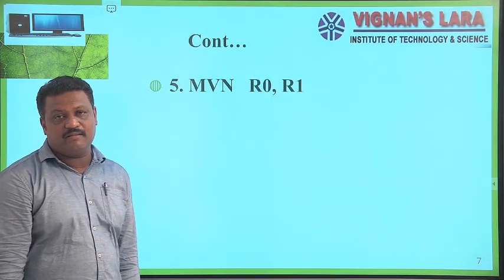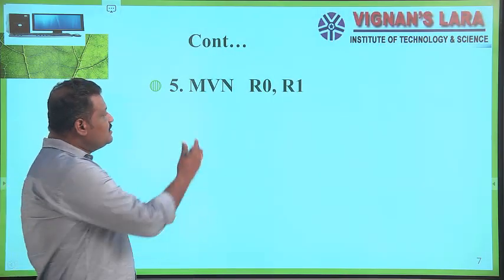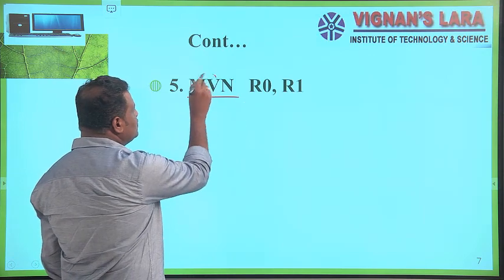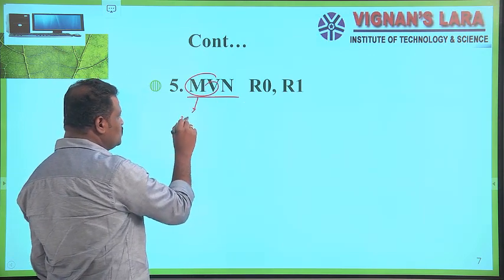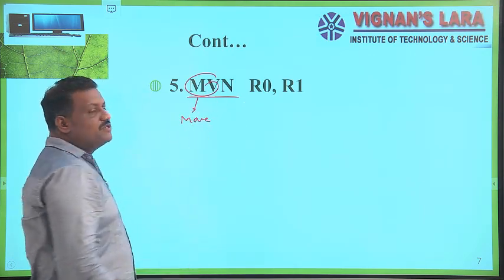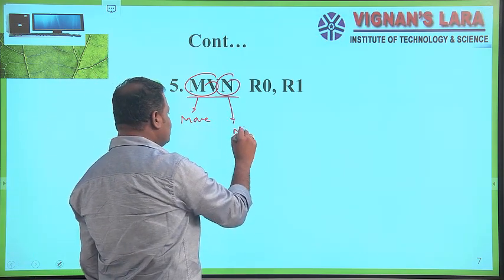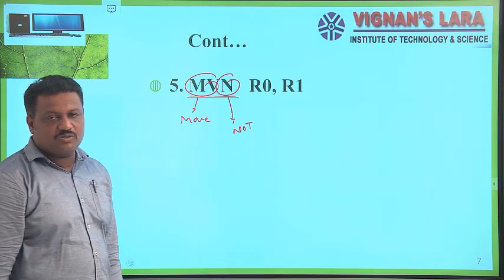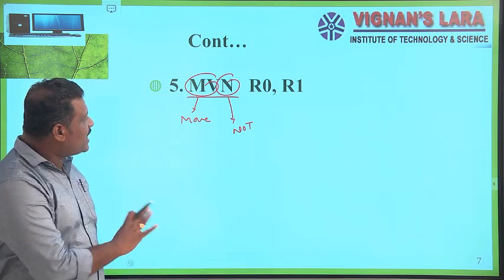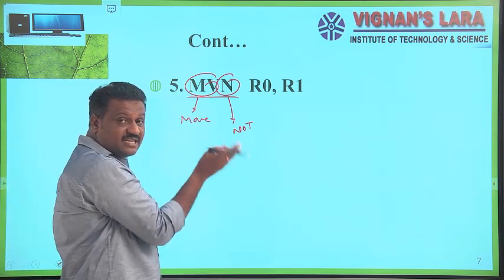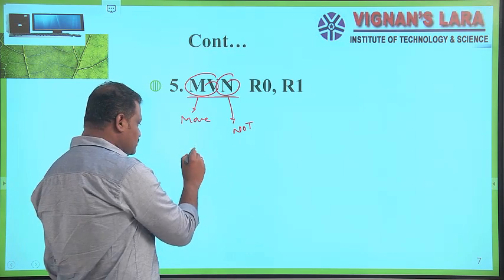Next, the next instruction is MVN. Again, this MV represents move, and this N represents not. Now listen friends carefully. This MVN is a combination of two operations.